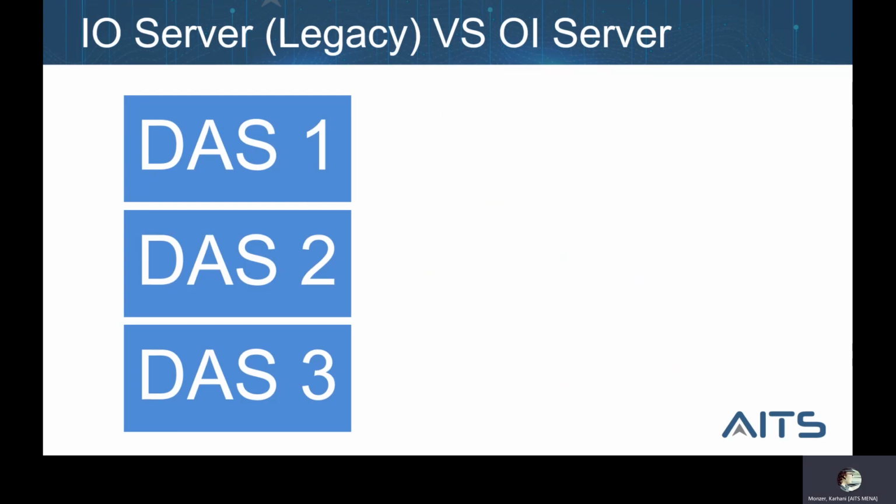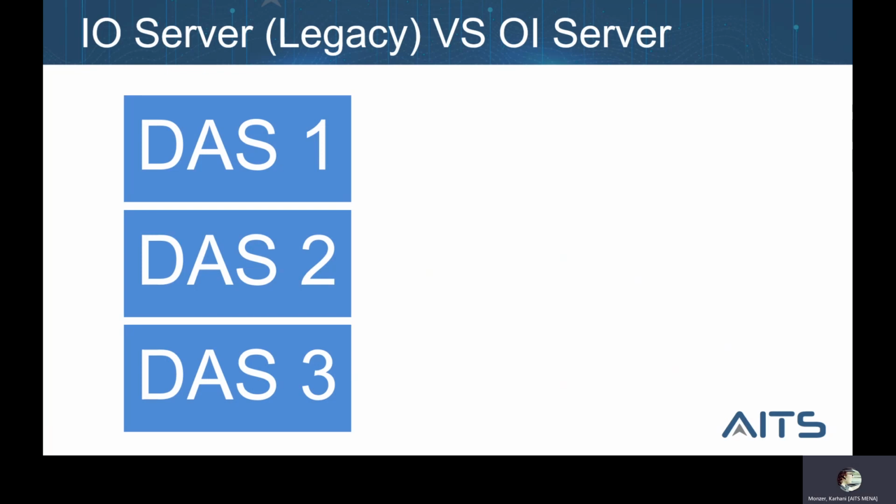So the first difference between IO server and OI server is that IO server or DAS is installed server by server. Every server has its own core. It works separately. So you have 3 different drivers, that means 3 different cores.